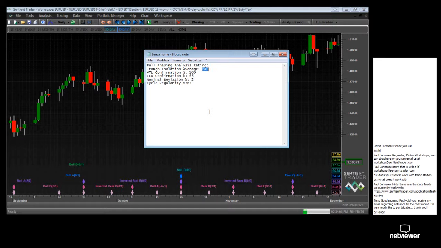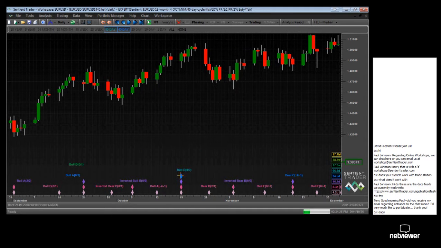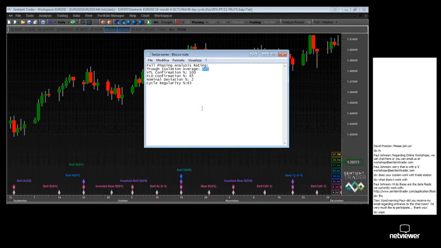Now that is obviously not a percentage. It is a number that can get very high, so there's no absolute value. You cannot answer the question, what is a good trough isolation average? That figure is used for comparing different analyses. I'm going to show you another analysis in a moment, and we'll compare that figure and say which analysis is better.